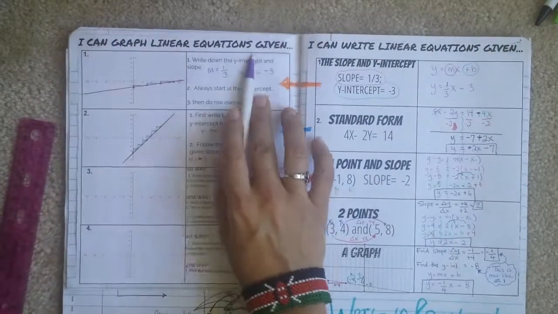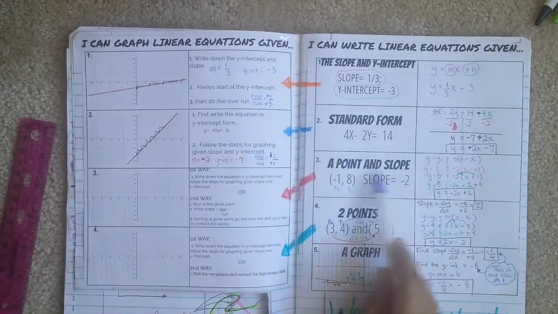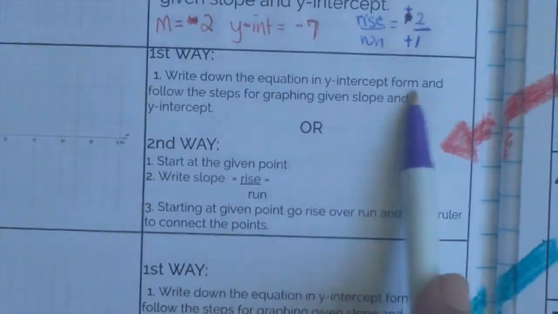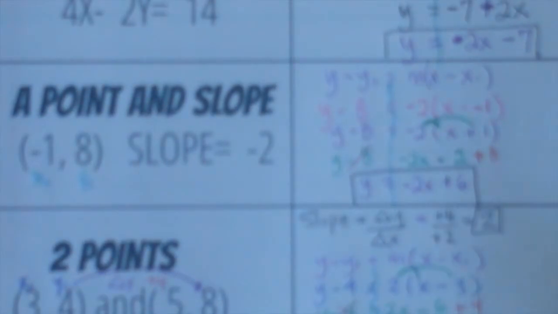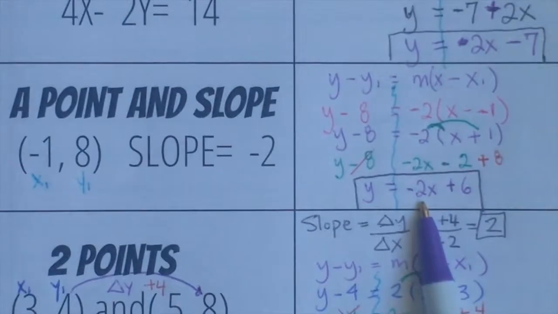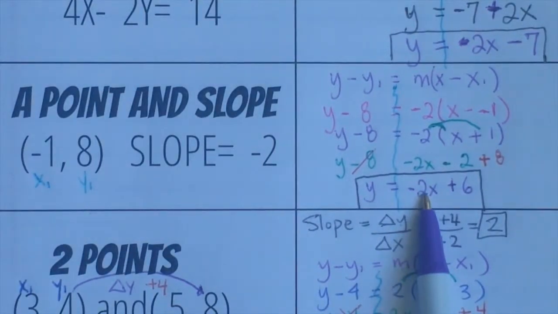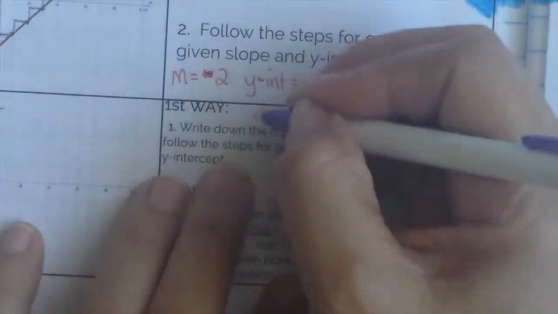Now looking at the next one, I can graph linear equations given a point and a slope. The first way is like we've been doing it before: getting into y equals mx plus b and then following the steps for graphing. So y equals mx plus b, where m is the slope, -2, and the y-intercept is +6.